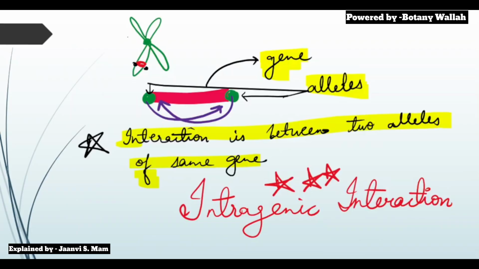Moving forward to the next topic, which is multiple allelism. Multiple allelism and pleiotropy were already taught in previous lectures, so I don't think there is a need of repetition, but I will take a small glimpse of it.